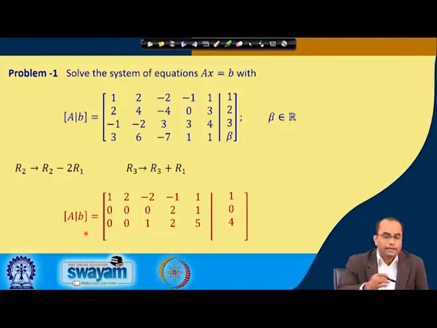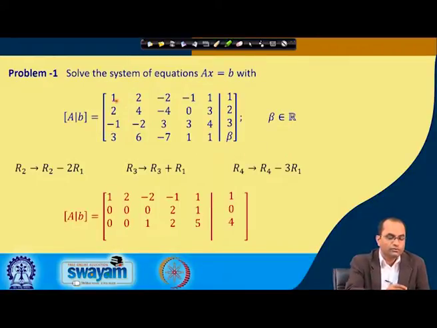Now we will do the third elementary operation, on row 4. So, R4 should now be R4 minus 3 times R1. So, R4 minus 3 times R1. With this, this is set to 0 here, and here 6 minus 6, again this is 0, minus 7 and then plus 6, so minus 1.